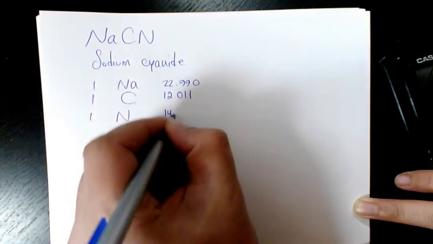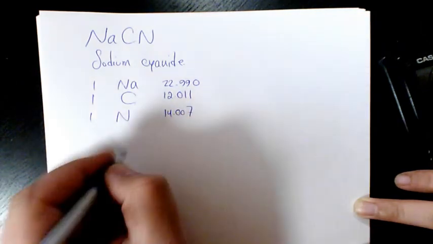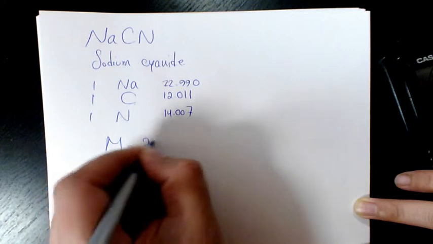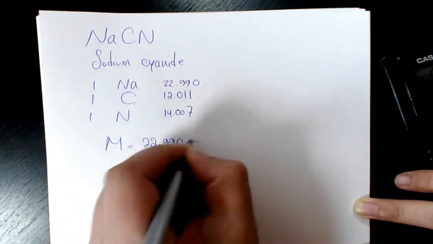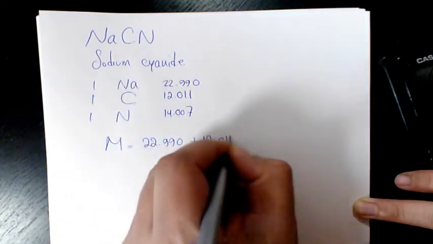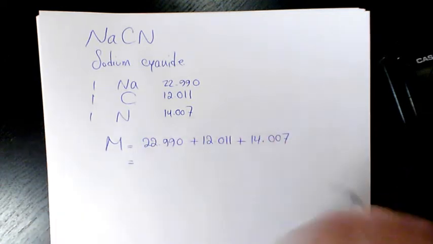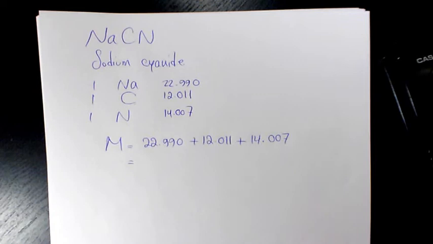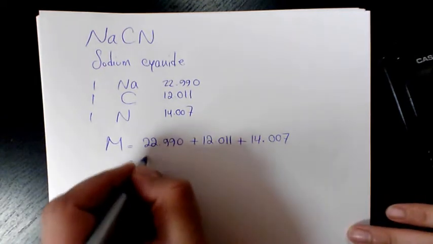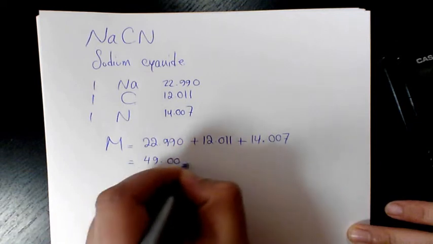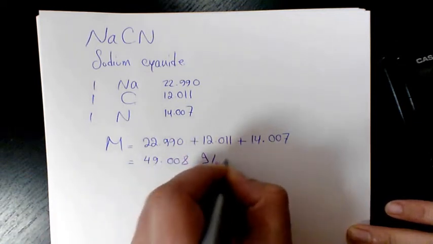Nitrogen is 14.007. That's going to be 22.990 plus 12.011 plus 14.007. It's going to be 49.008 grams per mole.